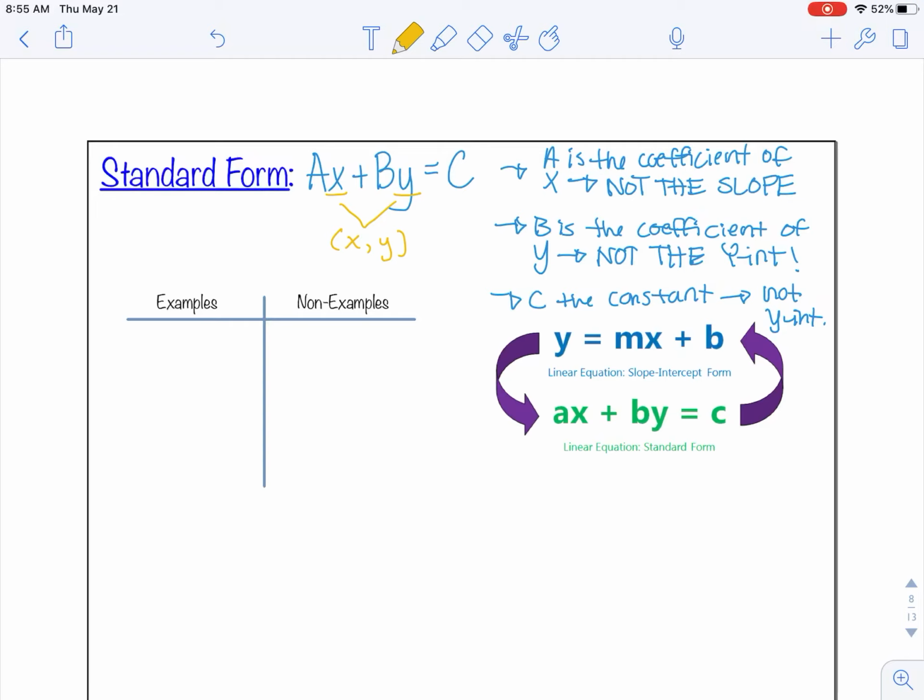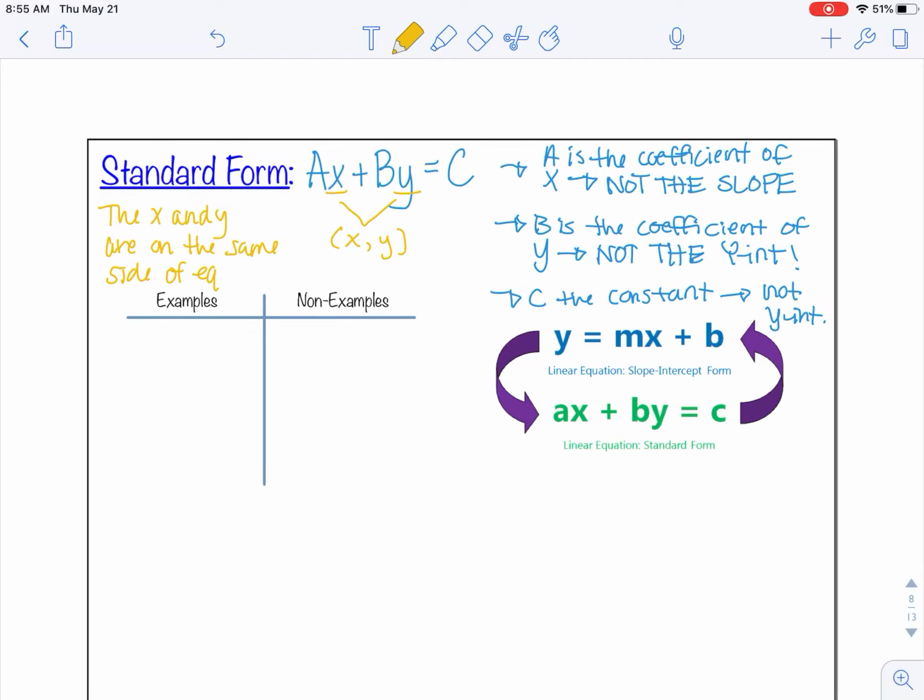Standard form, you have the x and the y are on the same side of the equal sign. Okay, the x and the y are on the same side of the equal sign.